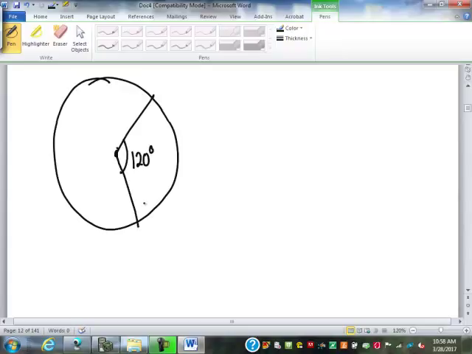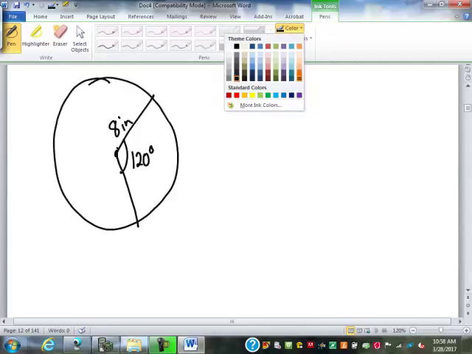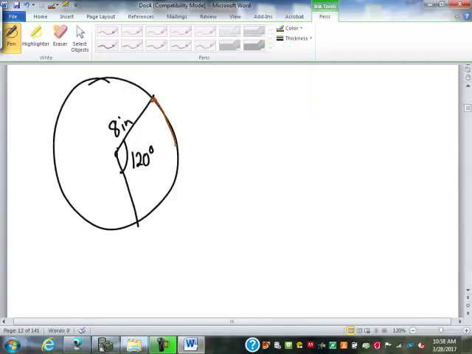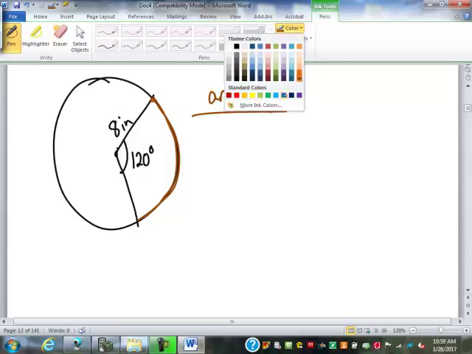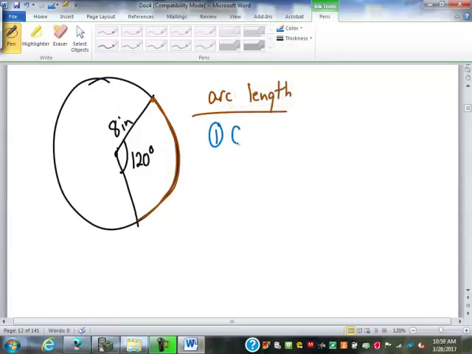So let's say we've got a circle that has a radius of 8 inches. And we construct a central angle of 120 degrees. Do you remember how to calculate the length of that arc? To find the length of that arc, step 1 is to find the circumference of the whole circle.